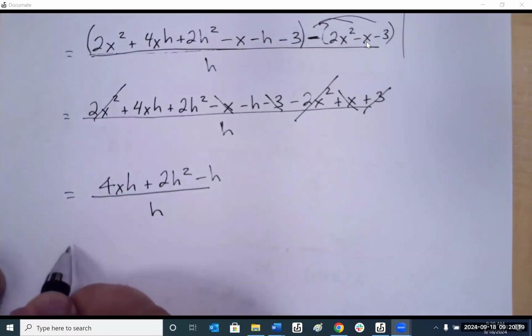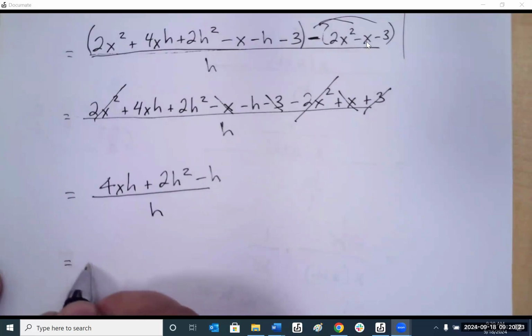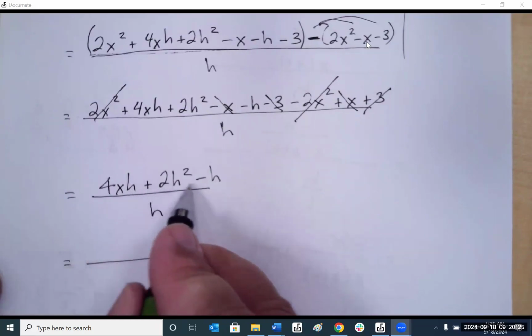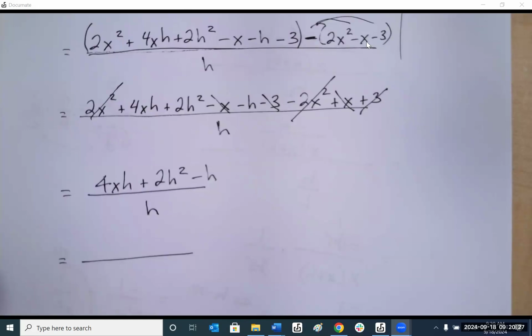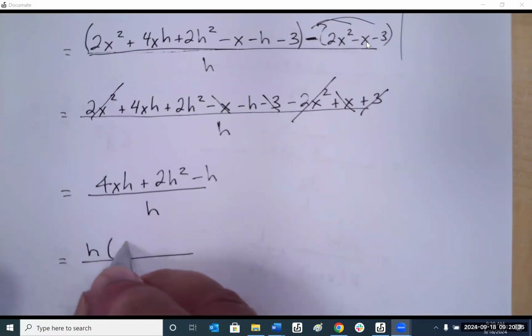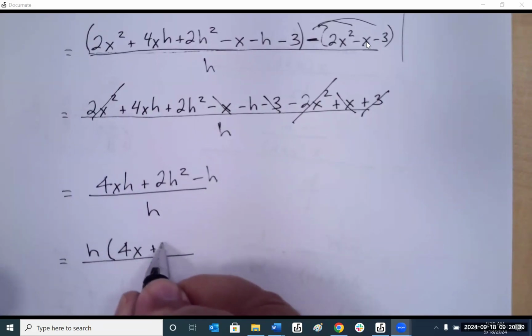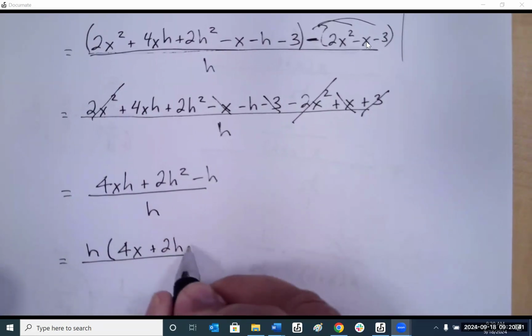So what can I do now? Do they have anything in common? They each have an h on top. I can take out the h. I can take out one h because there are two h's in the middle.